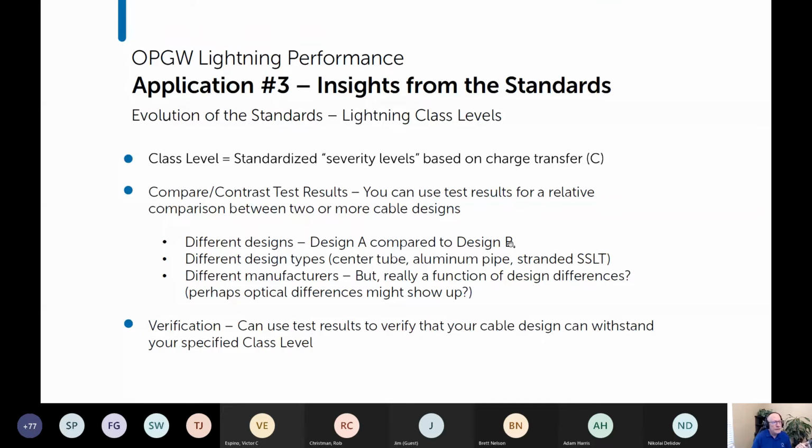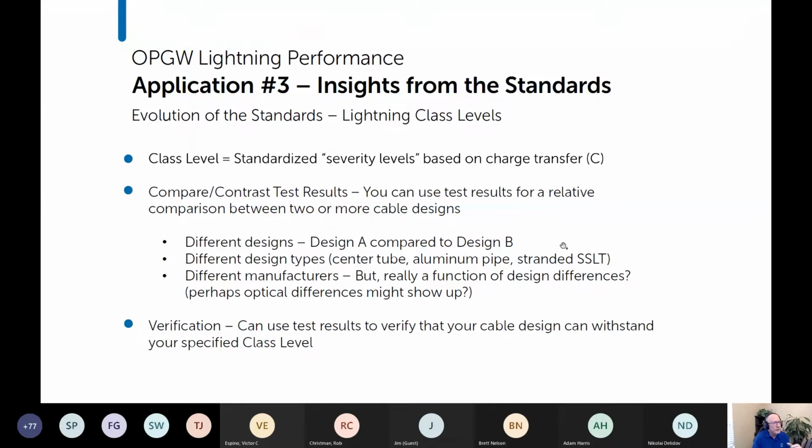Now, that doesn't necessarily mean that design A is better than design B in some categorical, across-the-board sense. It just means on this test, design A might do better than design B. Don't overgeneralize. You can also compare different design types, right? Center tubes, aluminum pipe, or the stranded stainless steel loose tubes.